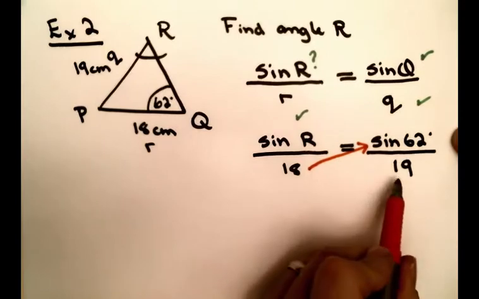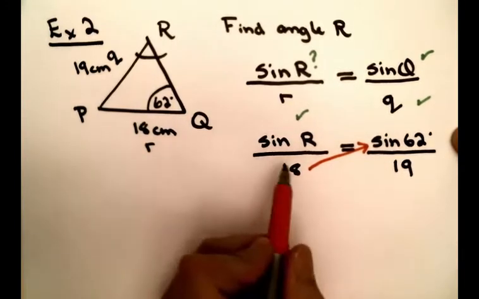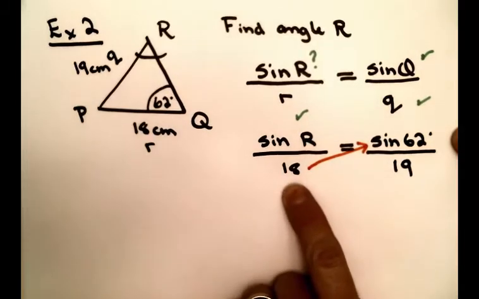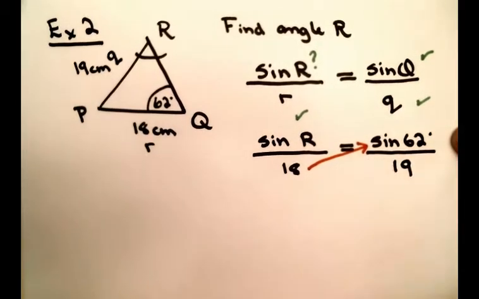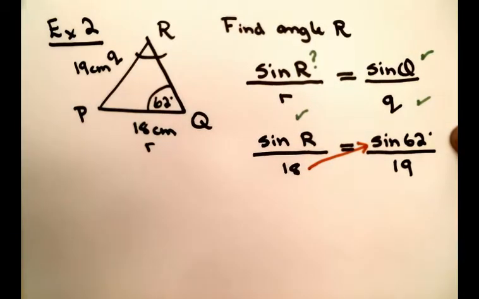And the reason you won't send 19 into sine r is because later on you're going to have to divide out 19 from sine r, and why bother? Why bother making extra work for yourself? So I just cross multiply from here into here, provided this is the only unknown. Okay, so let's work that out.